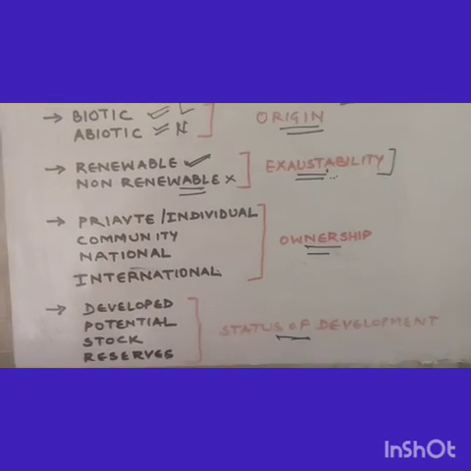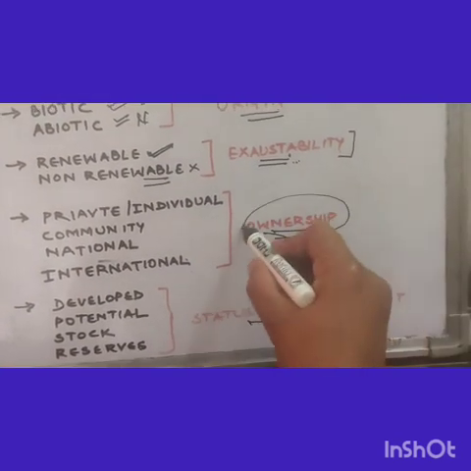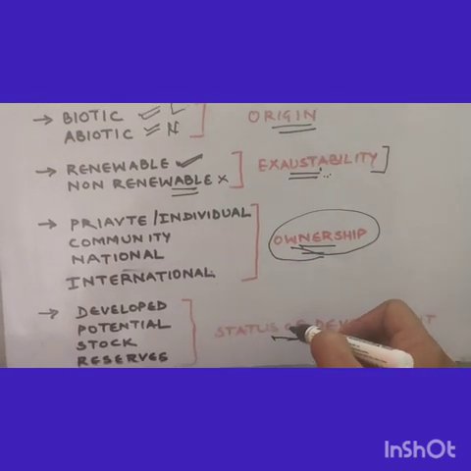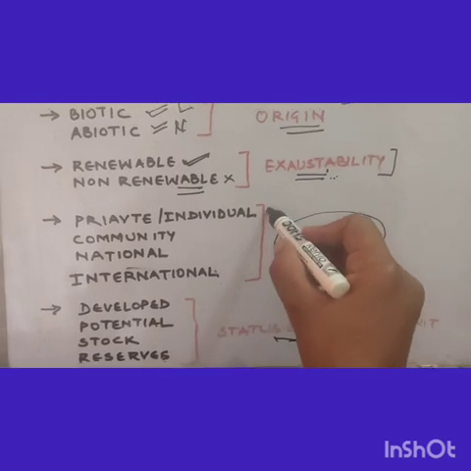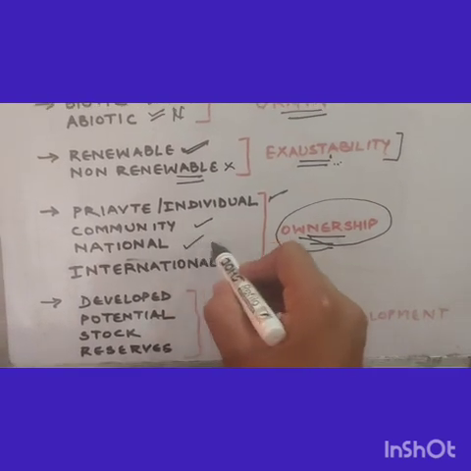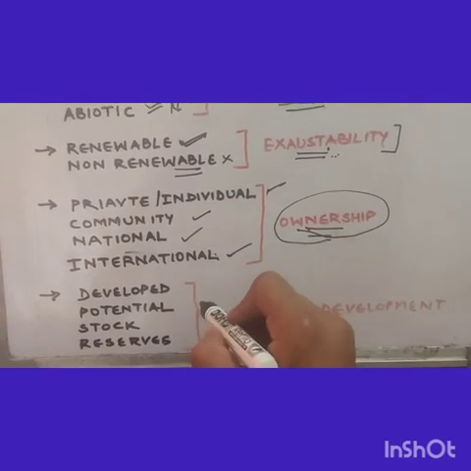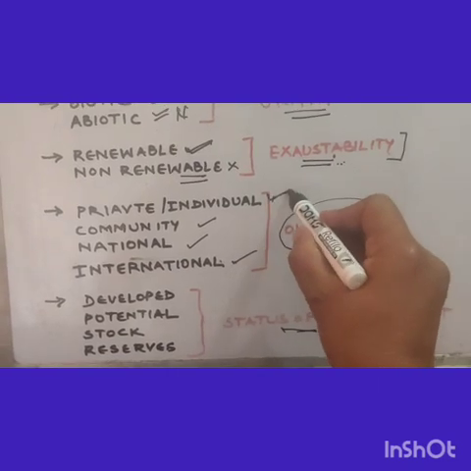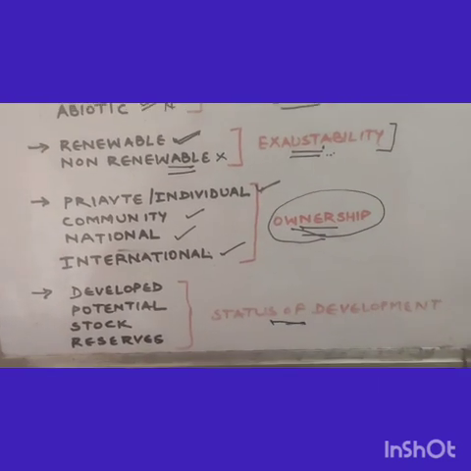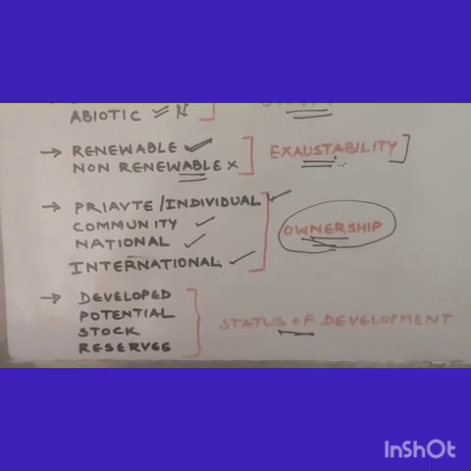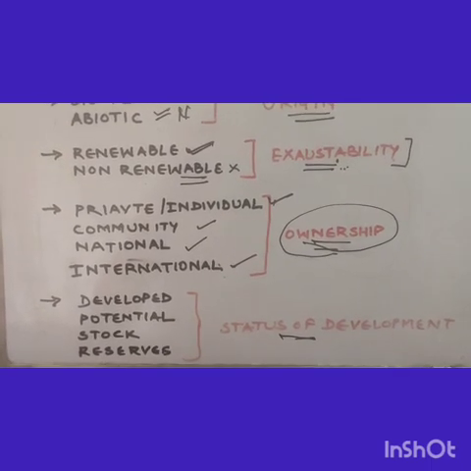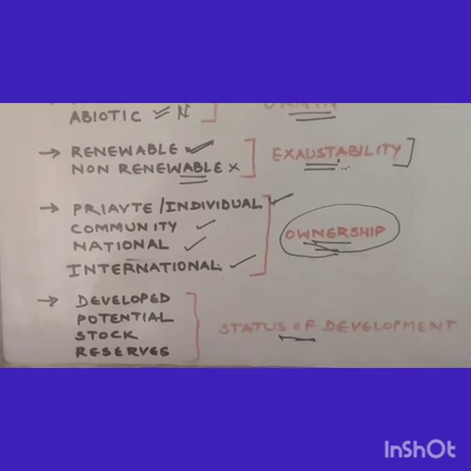Okay. And the third category is ownership. On the basis of ownership, we can define private, community, national, and international. Private or individual means if we have our own land, our own flat, such kinds of things are included in private.